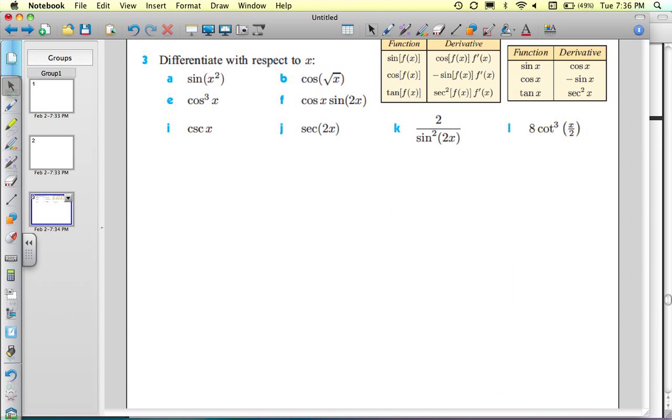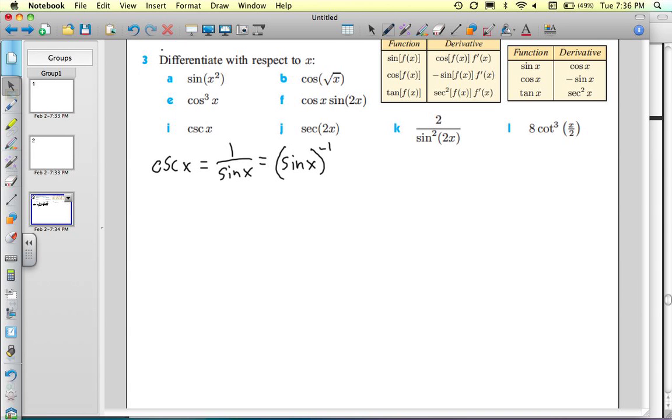But what you should know is that cosecant of x is the same thing as 1 over sine of x, which is also the same thing as sine of x to the negative 1 power.